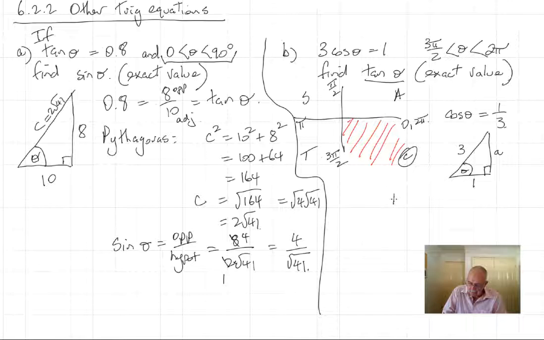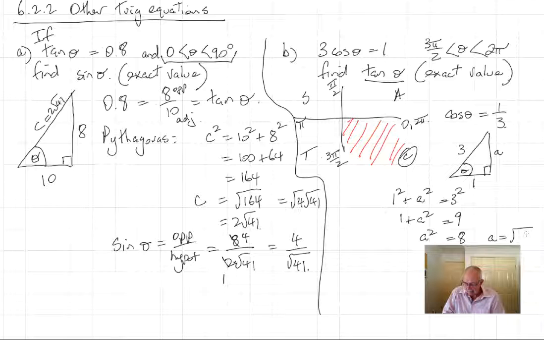So we got 1 squared plus A squared equals 3 squared. So 1 plus A squared equals 9. So A squared equals 8. So A is equal to, now we don't have negatives because it is the length of a line. So A is just equal to square root of 8. And simplifying surds, that's root 4 root 2, so that's 2 root 2. So A is equal to 2 root 2.